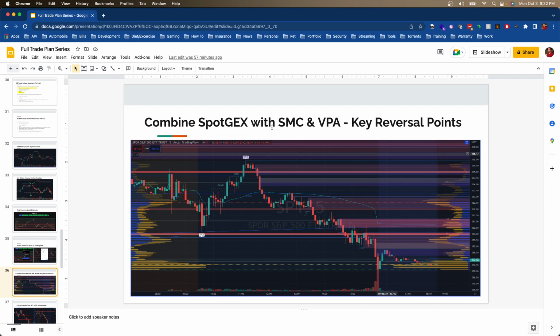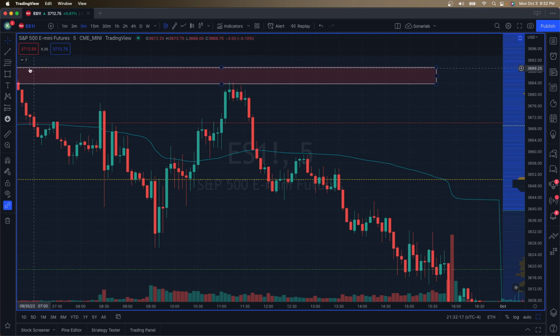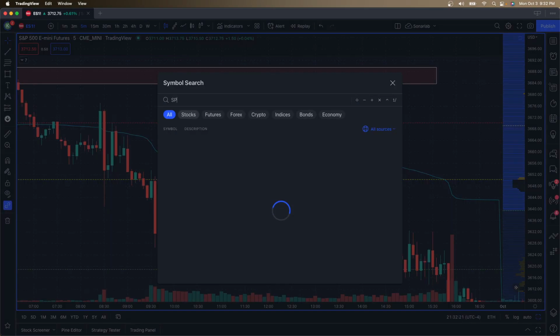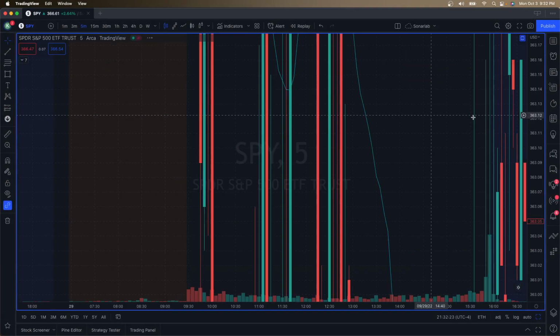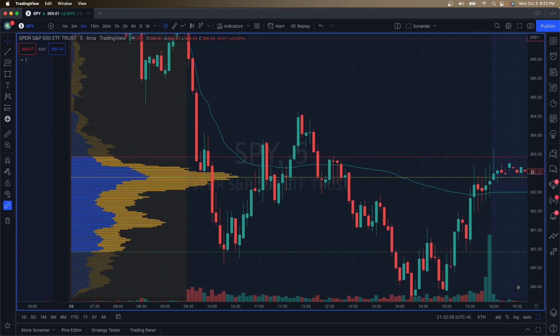Now, as I mentioned, they can act as key reversal points. So if I pull up TradingView, I already have my TradingView indicator on here. There have been people in the community that have made one that works very well with futures, but I'll show you another way we can use those with futures.